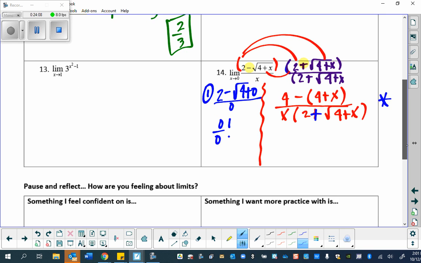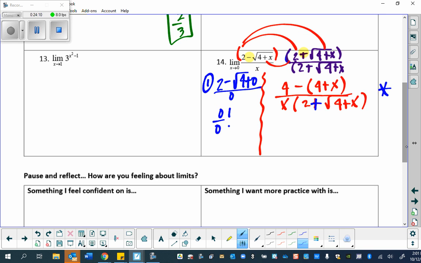All right, ready? 4 minus 4 plus x gives me x in my numerator because 4 minus 4. Except this negative gets distributed, so don't forget that's a negative x. In my denominator, I have x times 2 plus the square root of 4 plus x.